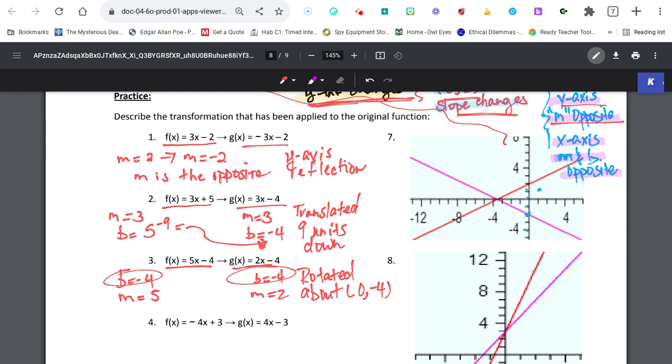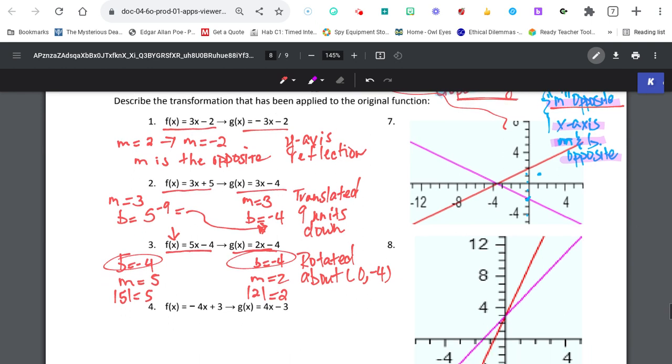And if I look at the steepness, I know that the absolute value of 5 is 5. Absolute value of 2 is 2. So remember we talked about, you can tell the steepness of a line by looking at the slope and taking the absolute value of the slope. The greater the absolute value of the slope, the steeper the line. Well, this slope is steeper in the f of x function. So I'm going to say f of x is steeper than g of x.